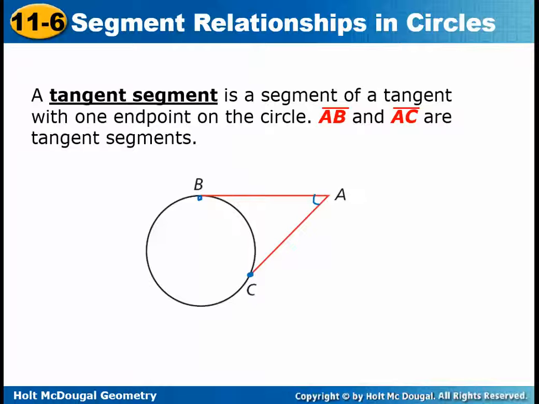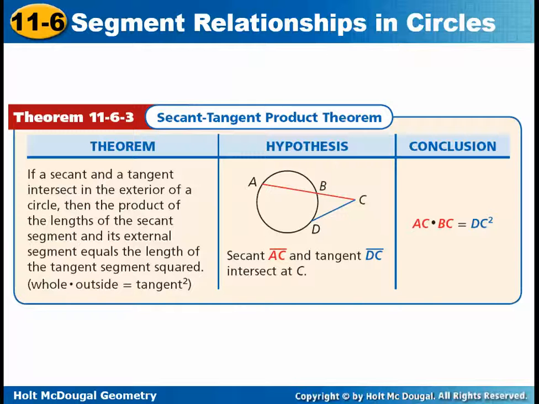We take the whole times the external, but the whole and the external are the same thing because it's all outside the circle. If one of them is a secant and one of them is a tangent, when you do the outer times the whole thing, it's the same thing, so you can write dc squared.